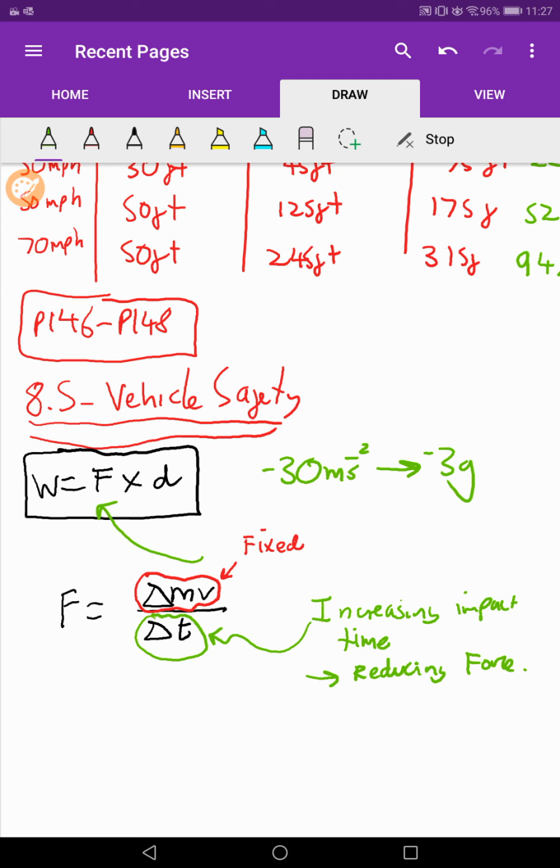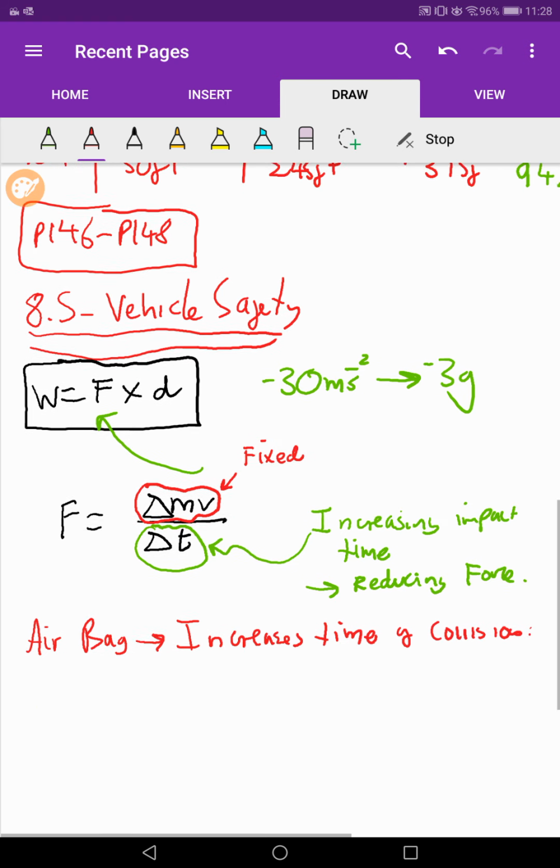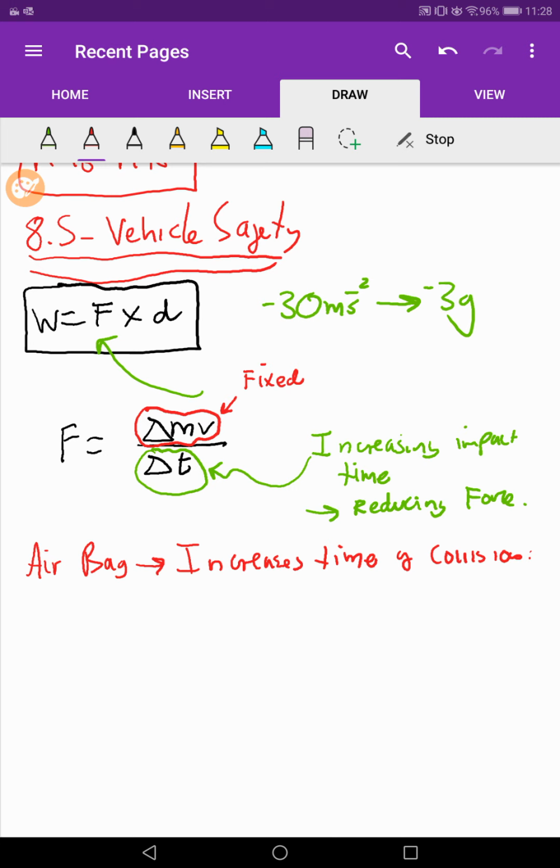So I mean, airbags. What does an airbag do? An airbag just increases the time of the collision, right? This might be quite a strange concept to you, but you've all been travelling in a car at 70 miles an hour down a motorway.